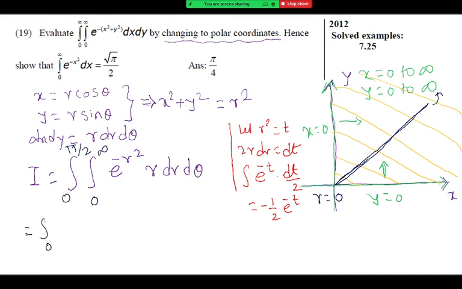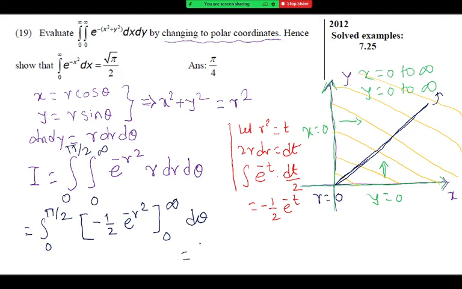So the outer limit 0 to pi by 2 stays as it is. I am resubstituting the value of t. It is minus 1 by 2 e raised to minus r square, with limits 0 to infinity, and that is about the d theta. Now we only have to put the upper and lower limits.